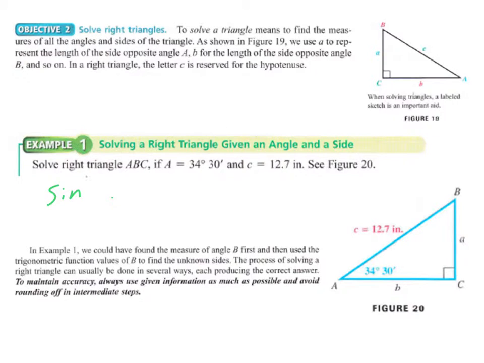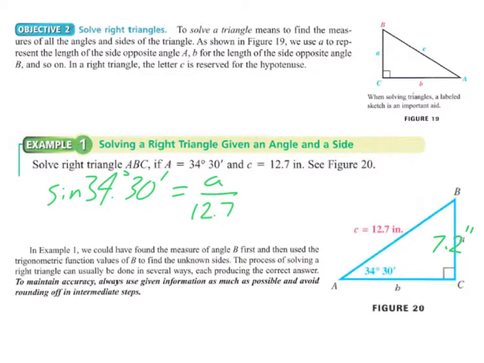So I can do the sine of 34 degrees, 30 minutes, and that will equal A over 12.7. So in order to find the length of A, I just multiply sine of 34 degrees, 30 minutes by 12.7, and that will give me the value for A. And that leaves me with an A value of about 7.2 inches. 7.2 inches for the length of side A.